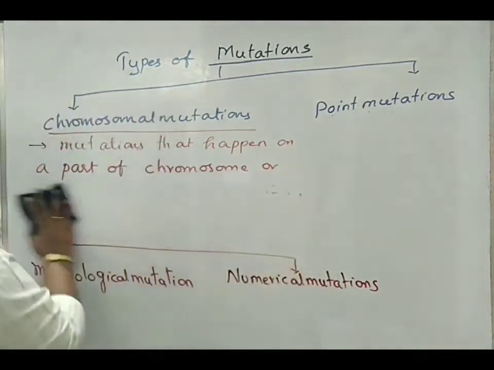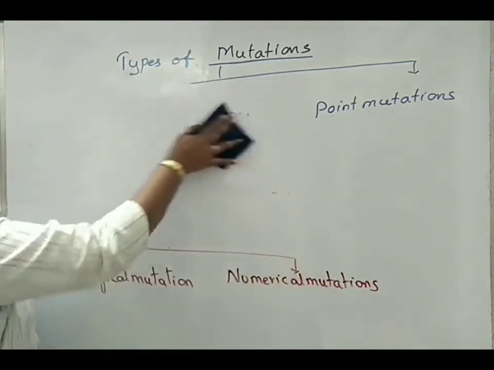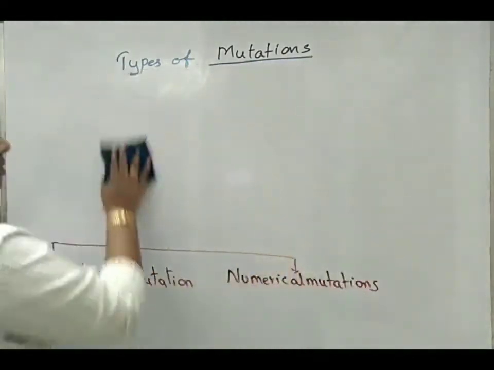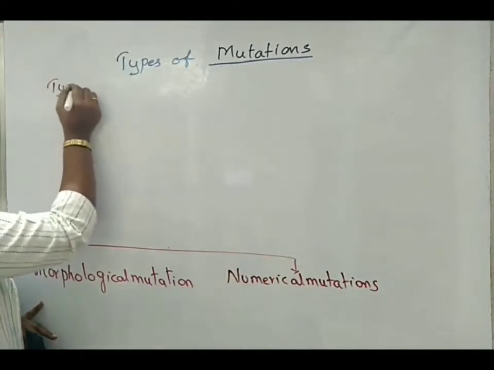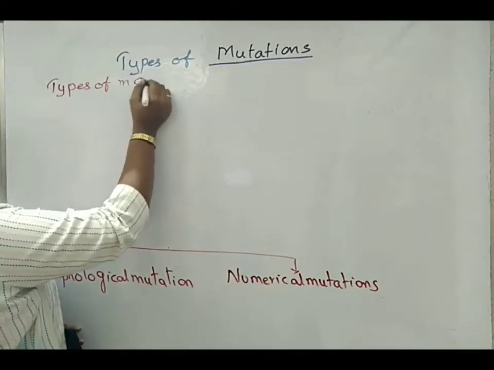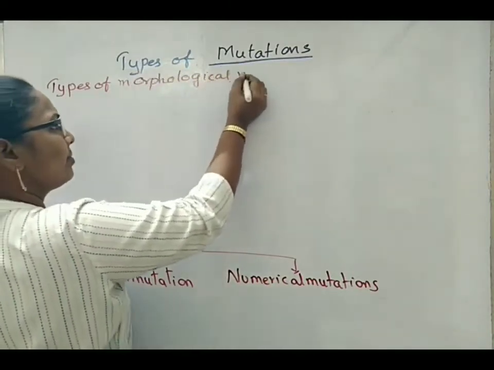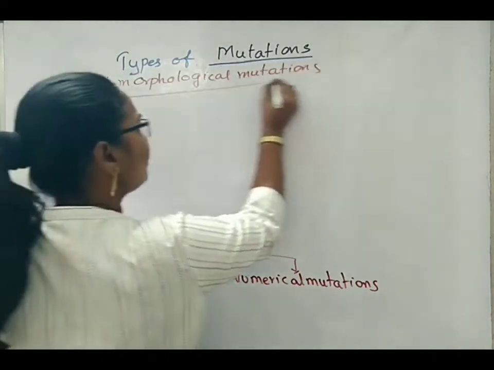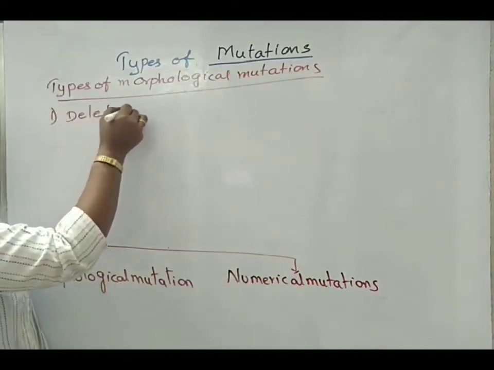Later we will see numerical mutations. Types of morphological mutations. First one is deletion mutation.